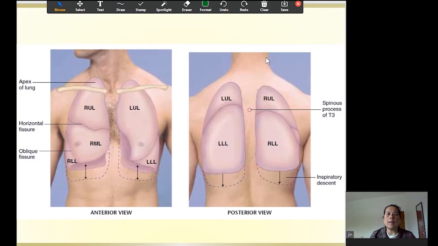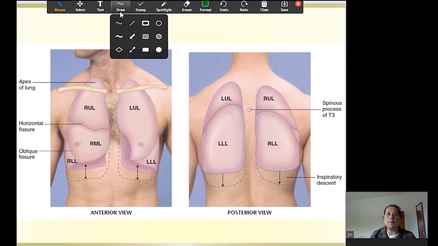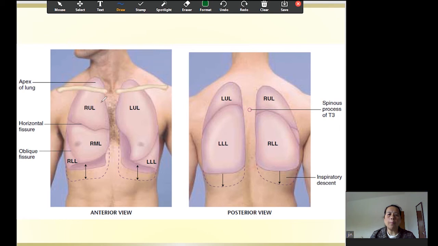Then we're talking about looking at the organs on the surface of the body. From the anterior part, certainly we have the lung on both sides. On the right side we have 3 lobes: upper, middle, lower.